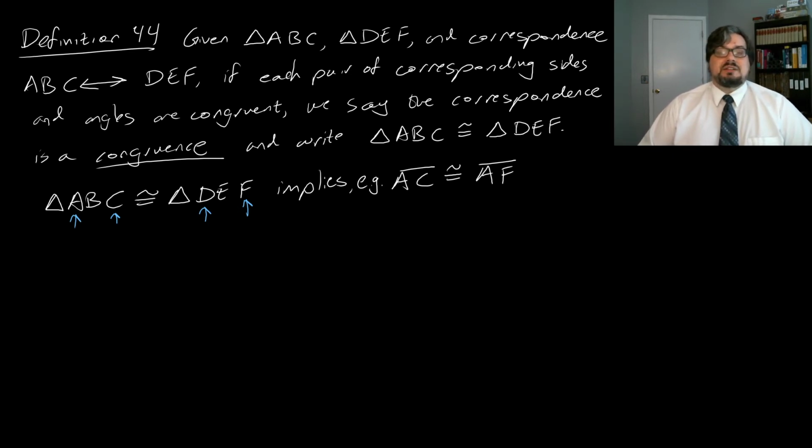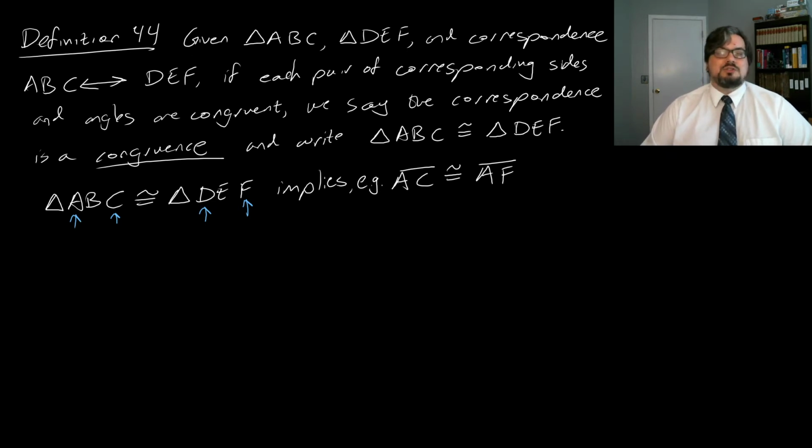And the axiom is going to be one of the congruence theorems. One of the theorems that says that if we have a certain collection of sides congruent and angles congruent, then the triangles themselves are going to be congruent. Now, in theory, we could take quite a few.